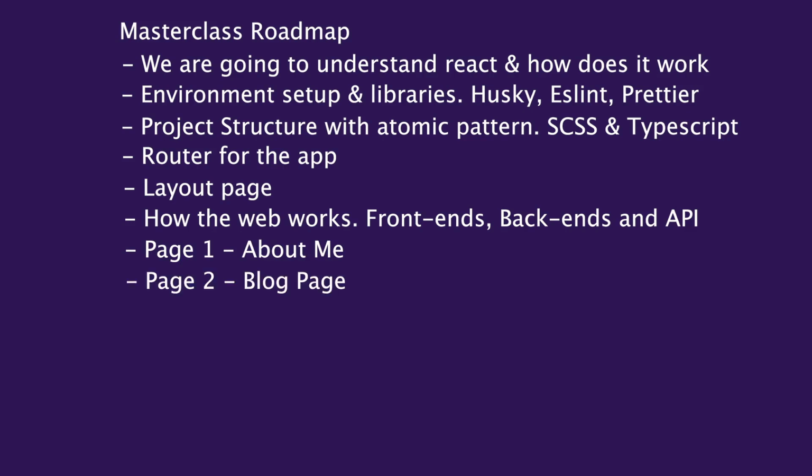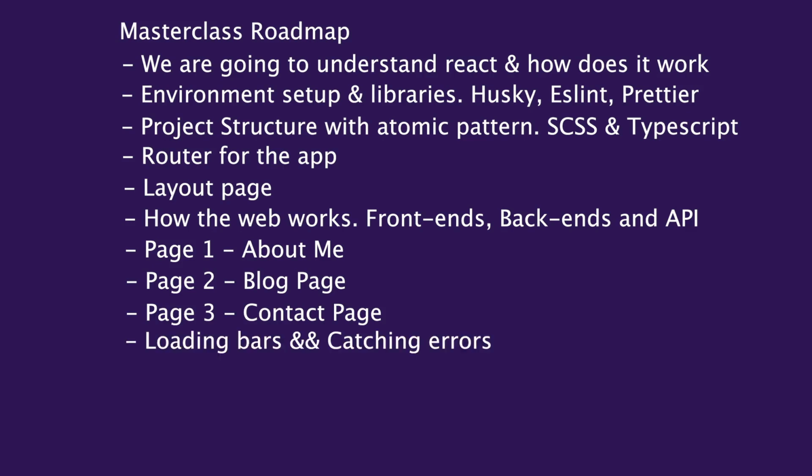Then we will create the second page, which is the blog page. This page will also have an admin view, so the admin can edit, delete or create posts. After this, we will create the contact page, which will collect data from a form and send it to a backend. After all the pages are done, we will add to them error catching in case the backend gives errors, and we will also use loading bars to show when the content hasn't arrived from the backend.